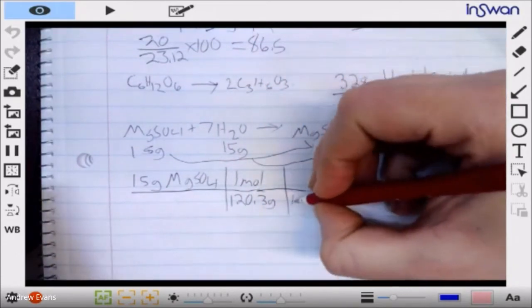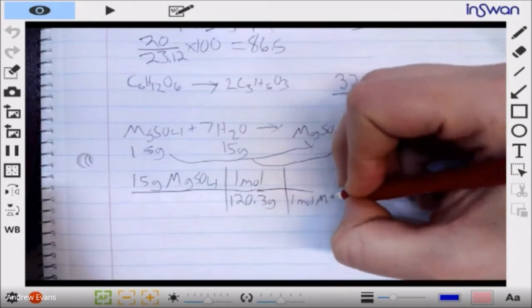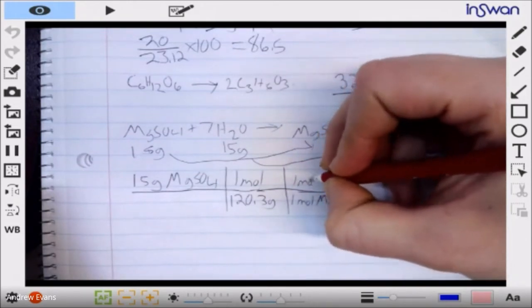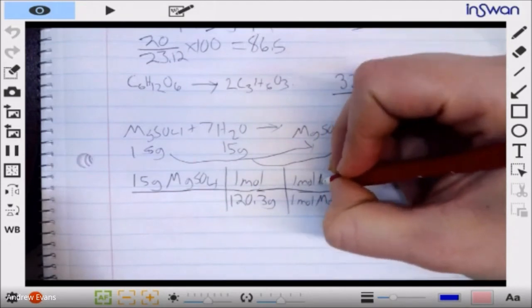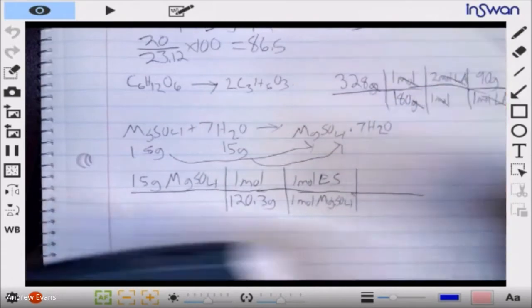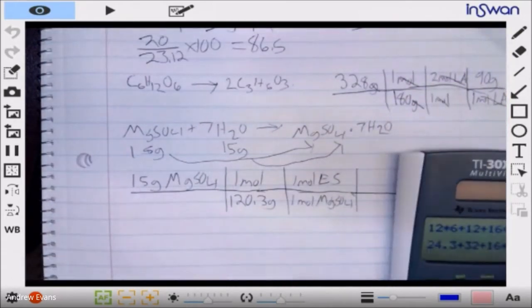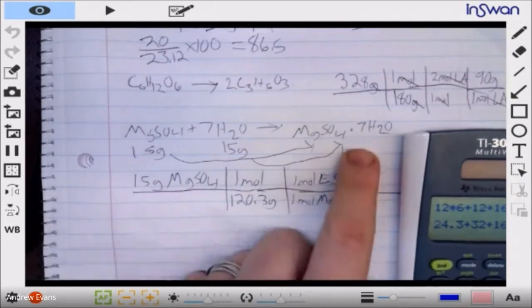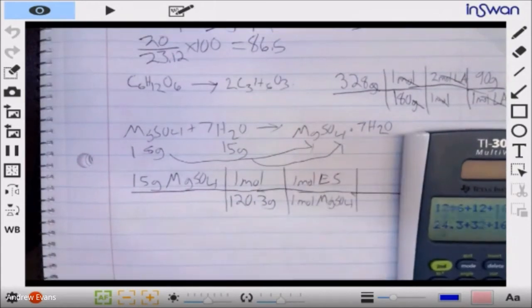Now, for every 1 mole of MgSO4, we would have 1 mole of Epsom salts. The molar mass of Epsom salts would be the molar mass of magnesium sulfate plus the mass of 7 waters. So 120.3 plus 18, which is water, times 7.